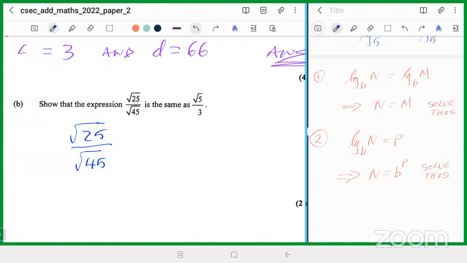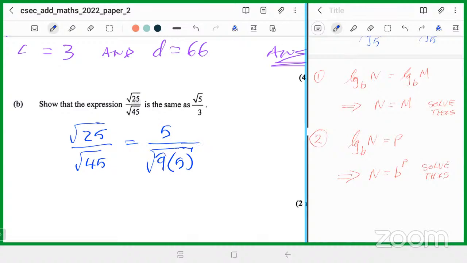Now, we know the square root of 25 is 5. But the perfect square factor in this 45 is 9. So this becomes a 5, and under here, I'm going to write the square root of 9 times 5.